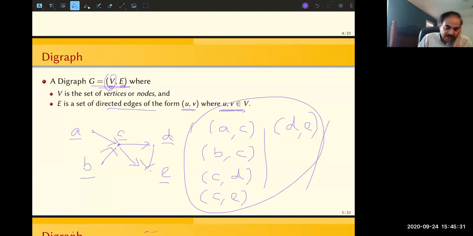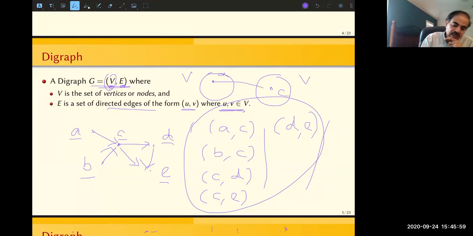In the last lecture we tried to represent this graph using our conventional circle diagram, where we have the set V here, and another instance of V, and then we connect A to C, and so on.